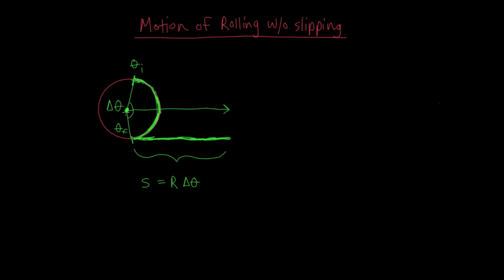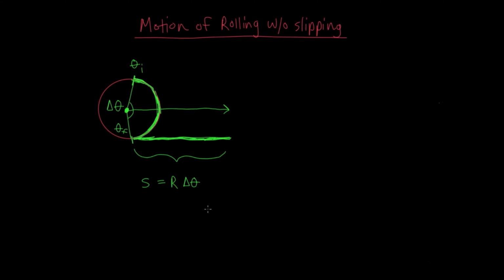The length of the green paint on the floor is equal to the length of the path traveled by the center of mass. So the center of mass travels a distance equal to the arc length, and the arc length is equal to the distance traced out on the floor.